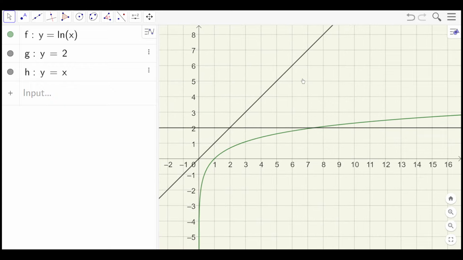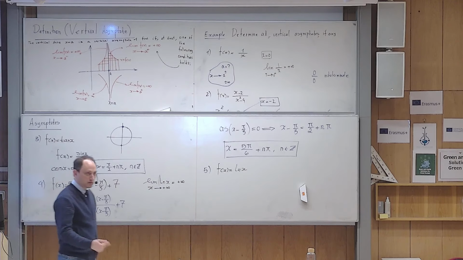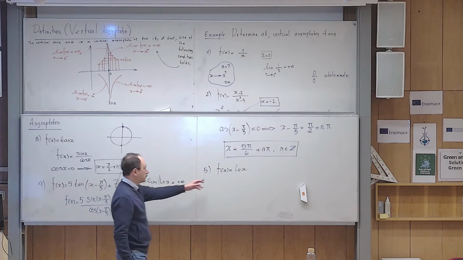This is interesting to know. ln of x is always below x. But by looking at the graph, you see that the function is always increasing. Why is the function always increasing? Let us review things. Why is this function always increasing?